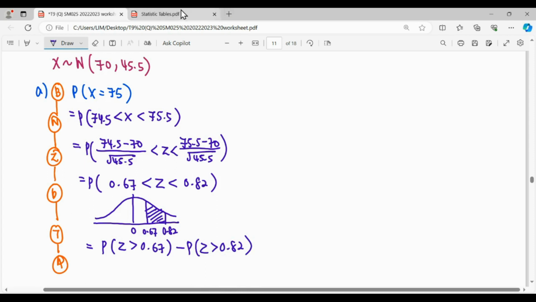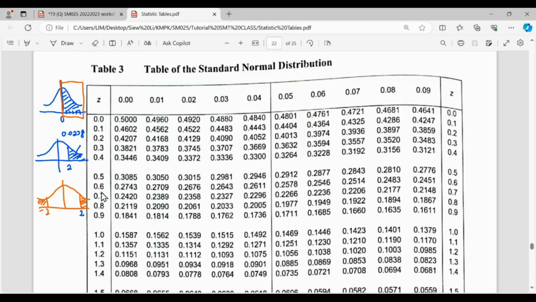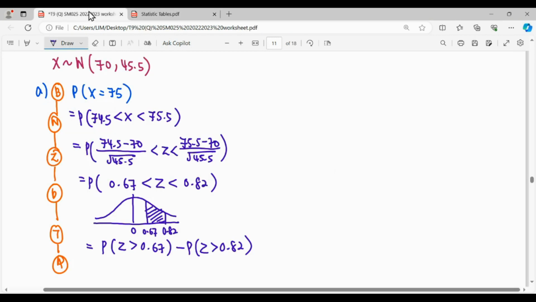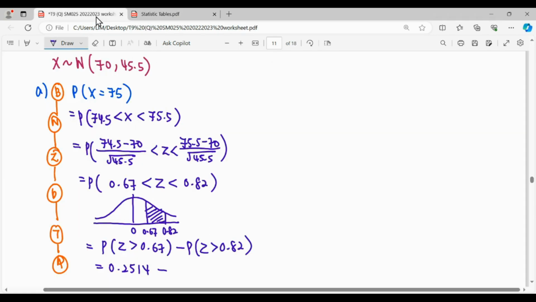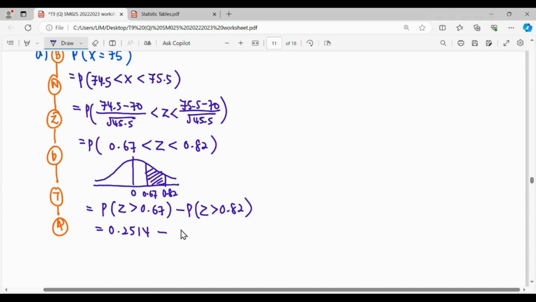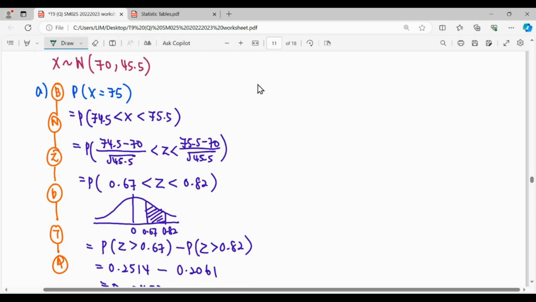Now we read from our table: 0.67 is 0.2514, meanwhile 0.82 is 0.2061. Simplify this to get the answer 0.0453.